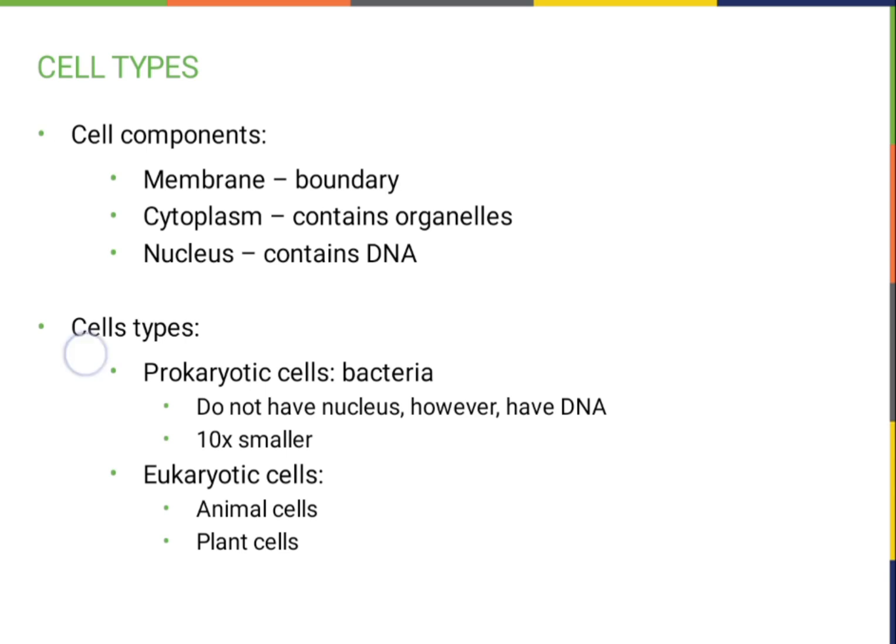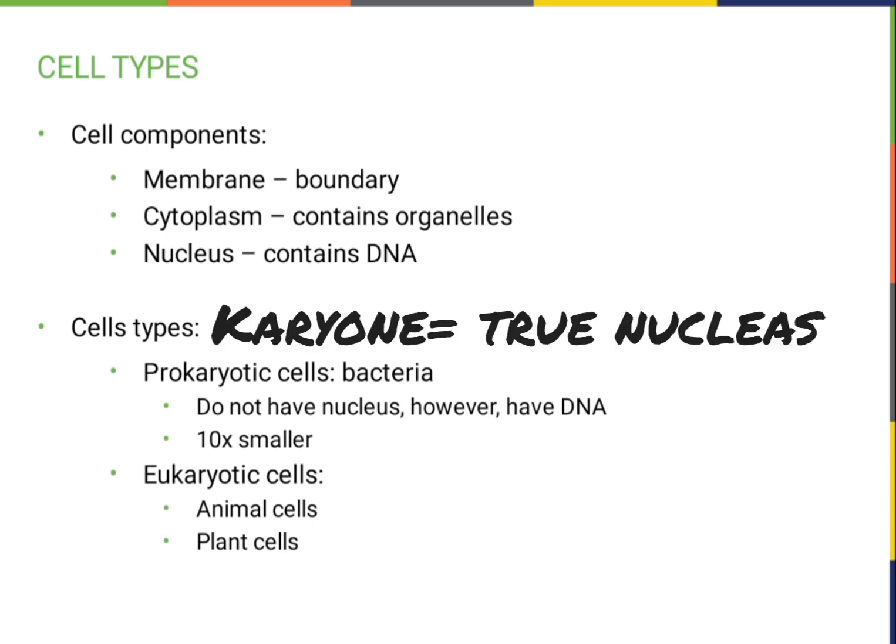When you look at the different cell types, we have basically two of them. We have the prokaryotic cells, that is to say the bacteria. The word prokaryotic comes from two words, pro and karyon. Pro means before, and karyon means true nucleus.